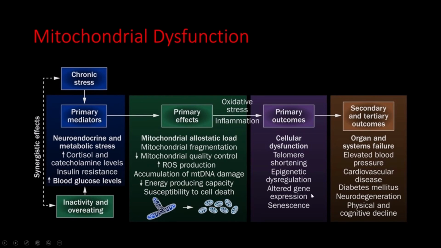and this causes issues. So ultimately, you see these downstream issues: telomere shortening, epigenetic dysregulation, and senescence. So that's exactly what we're talking about here.